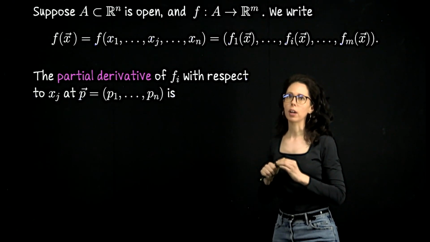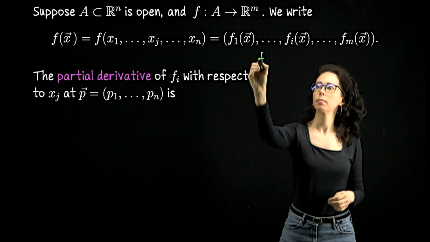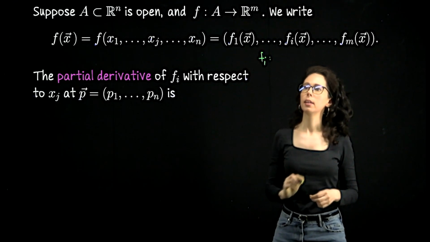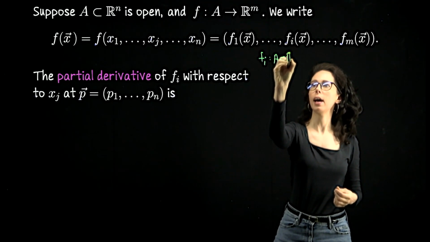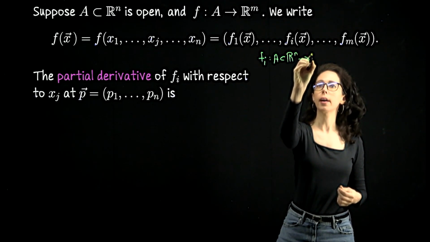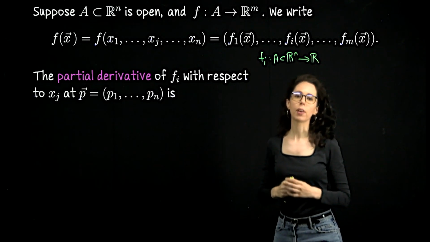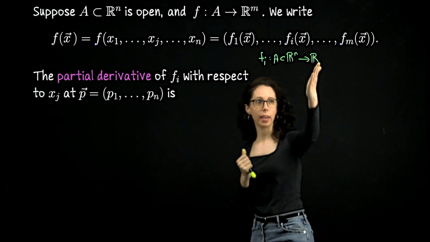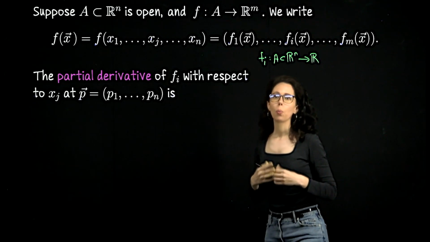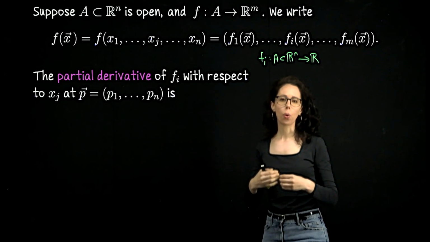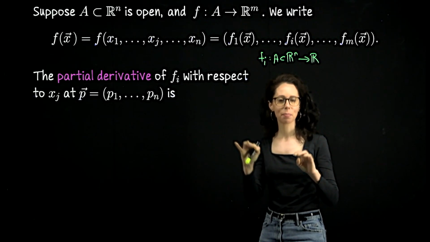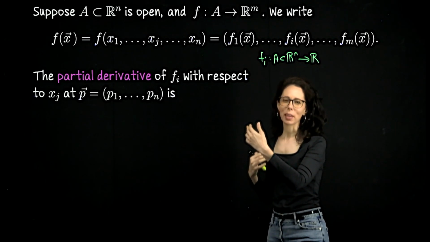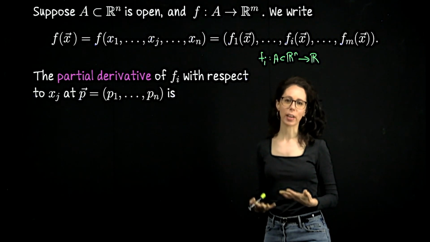For the coordinate functions, notice that each one is a map from A, so the same domain as f, to R. So coordinate functions are scalar valued, which means it makes sense to say that a coordinate function is increasing or decreasing or maybe flat. It doesn't necessarily make as much sense to say that about f if f is vector valued.